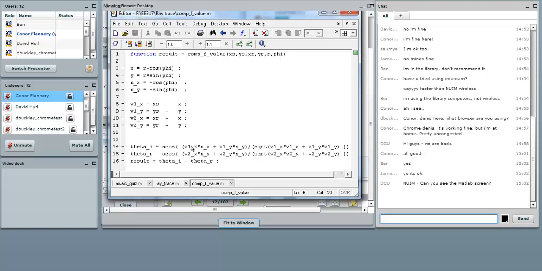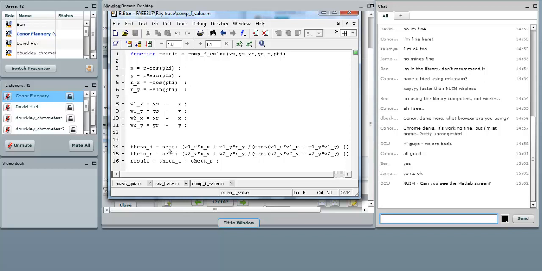Theta I, according to a formula, we take the dot product of V1 and n. So we multiply the X coordinates together, we multiply the Y coordinates together. We normalize, we divide by the magnitude of V1 here. This dot product gives us cosine theta I, and we take acos. Acos is the MATLAB command for inverse cos.